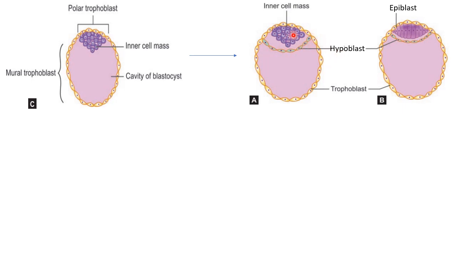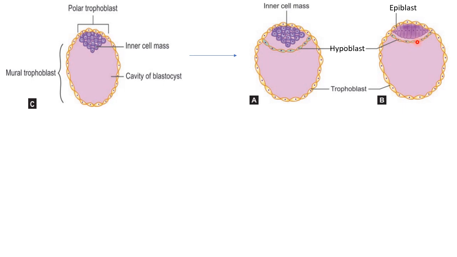So these flat cells which are coming from the inner cell mass is what we call the hypoblast. Then this inner cell mass will differentiate, and they will change their shape, and instead of looking the way they are, they will now become columnar in shape. Okay, so this is how the hypoblast has been formed.